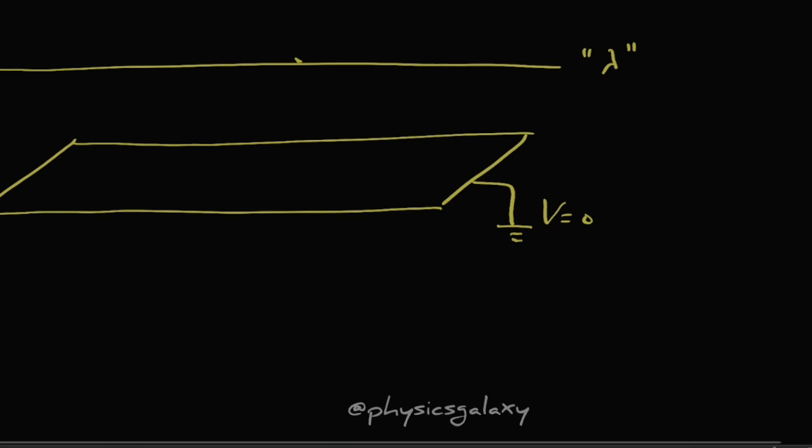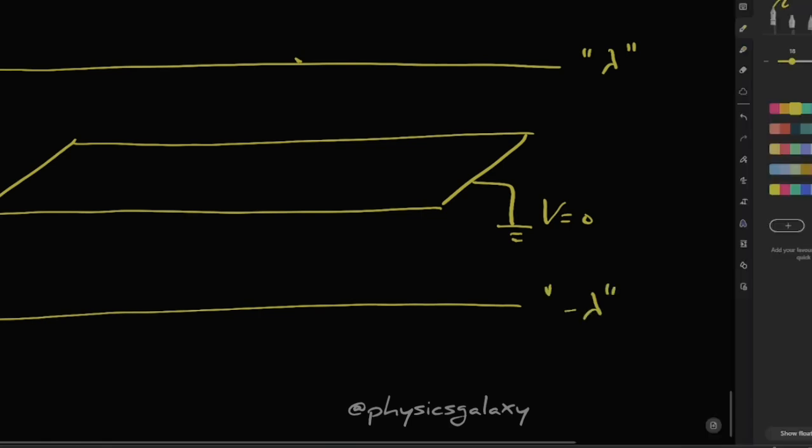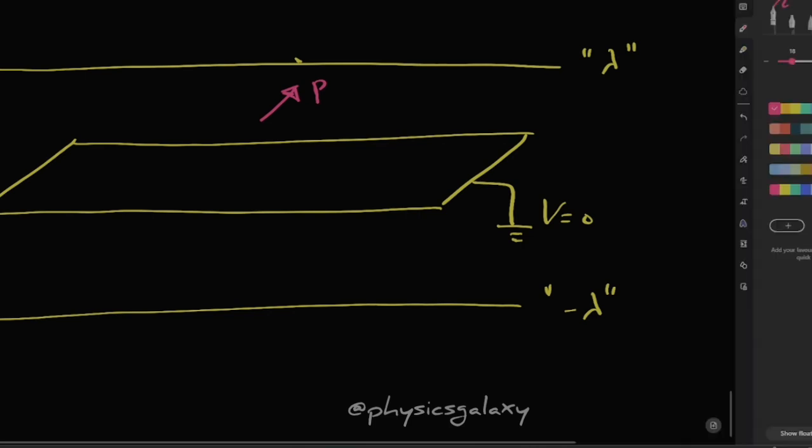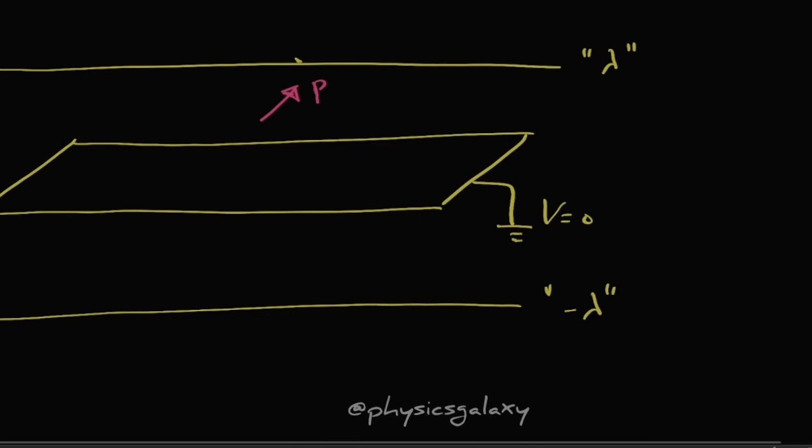The image will be simply the same configuration with a minus lambda. And what about a dipole? Suppose I have a dipole p here, then its image will be exactly like this but opposite, just the image of it.